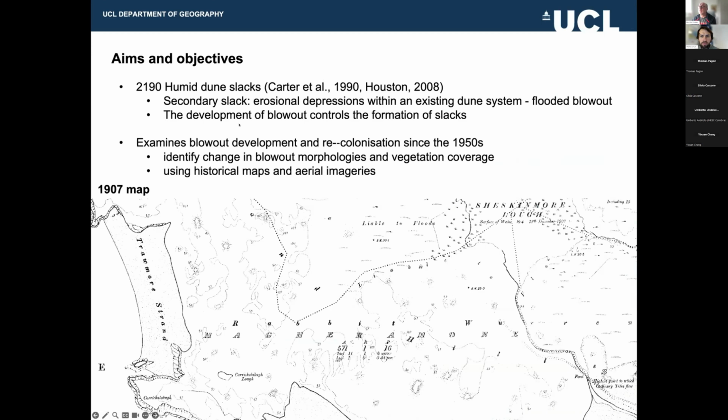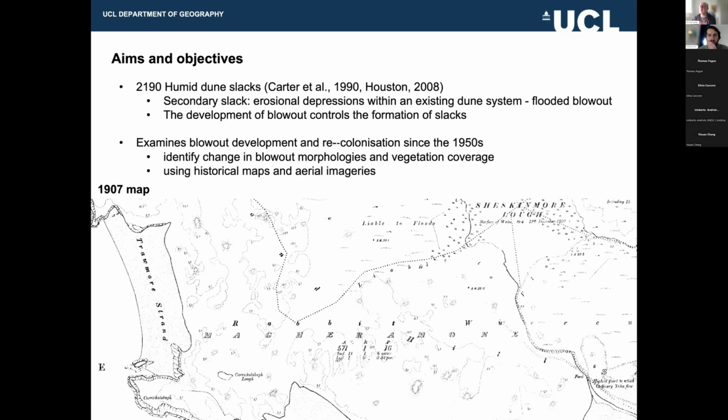So, the aims and objectives of this study. In terms of my broader PhD research, I want to understand the ecohydrology of the dune slacks. This site specifically is dominated by secondary slacks, which are erosional flooded depressions within an existing dune system. In other words, they are flooded blowouts.